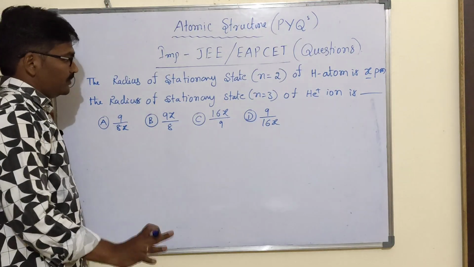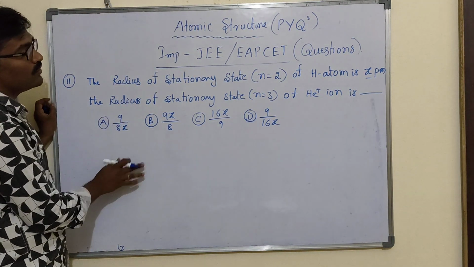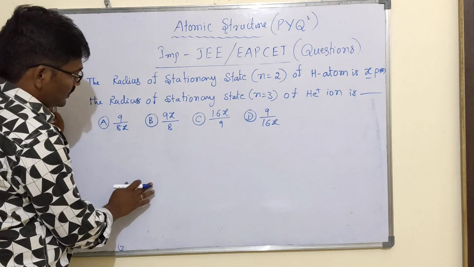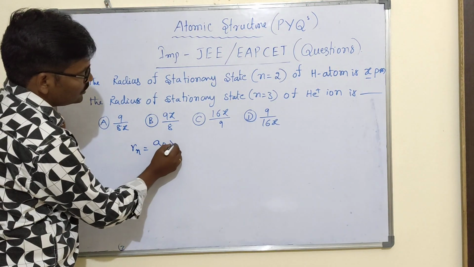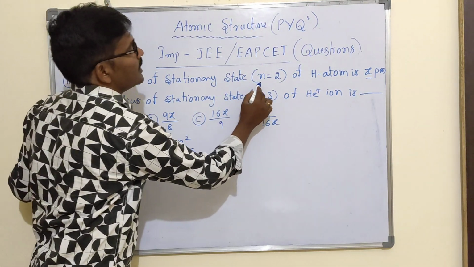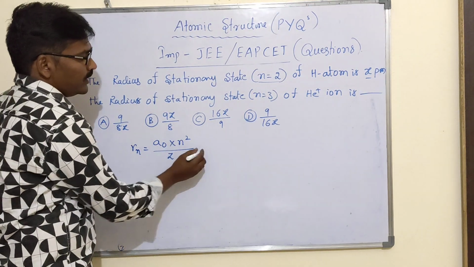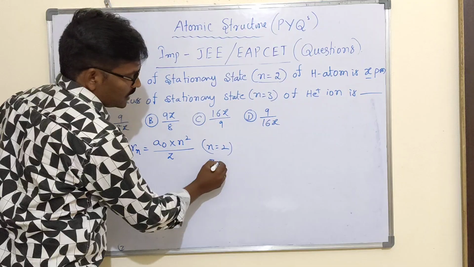Observe it carefully. If you take the radius of the stationary state n equals 2 of hydrogen atom, the radius of nth orbit is a naught into n square divided by z. In the place of n, you have to take 2, and the z value for hydrogen atom is 1.